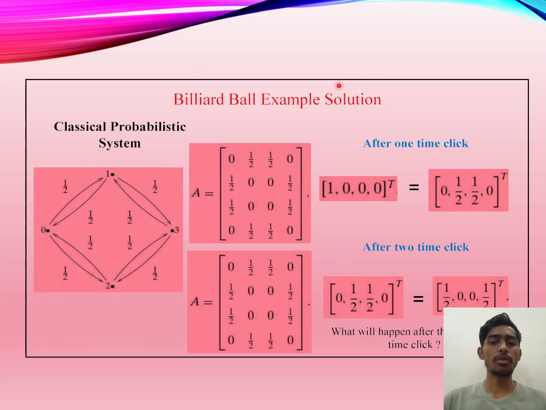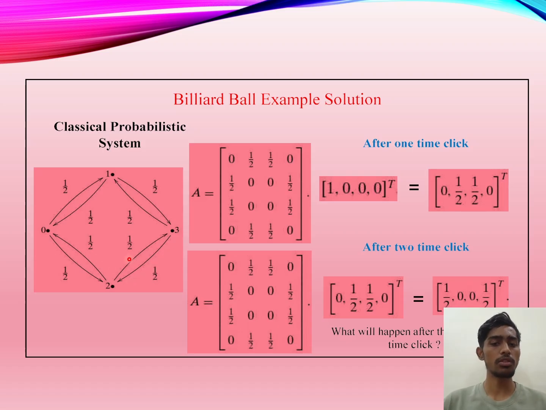Now, with a simple probabilistic system, we can work through the billiard ball example. There are four initial points located at some positions. I consider zero to be the initial point from where it is rotating, or changing its positions.